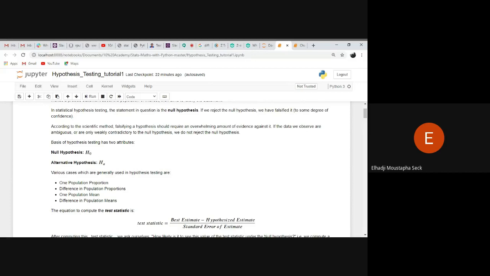When I say one population mean, what does it mean? For example, I have a population and I've drawn a sample from the population. I want to see if statistically my sample has the same distribution as my population. So I compute the mean of the population, and I can compute the mean of the sample as well.